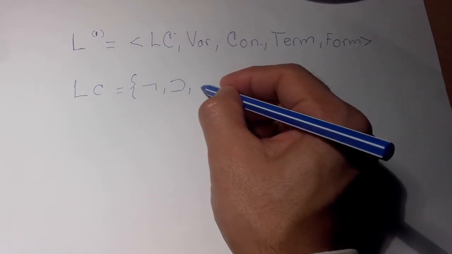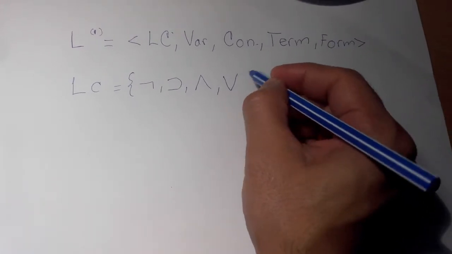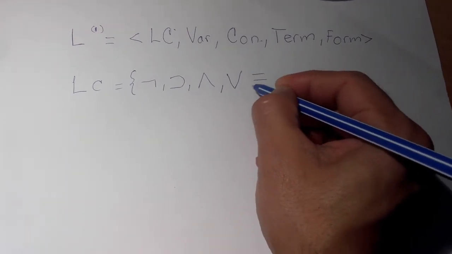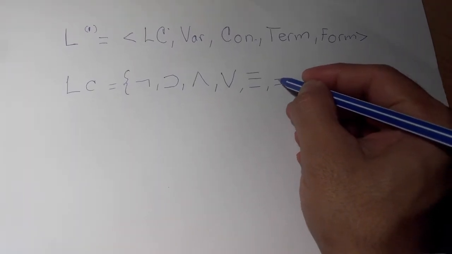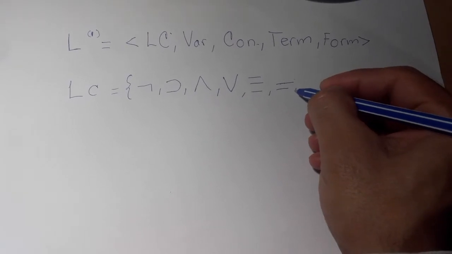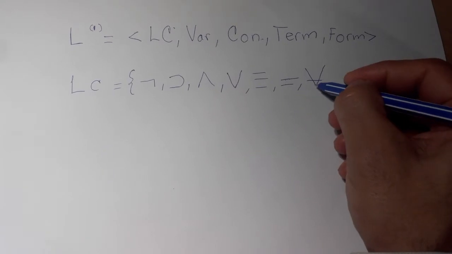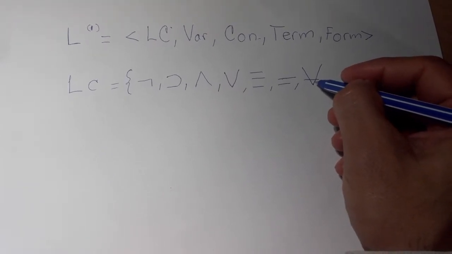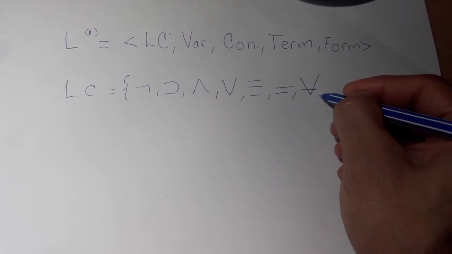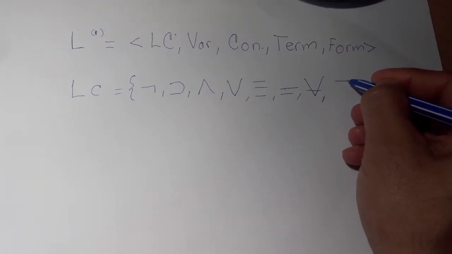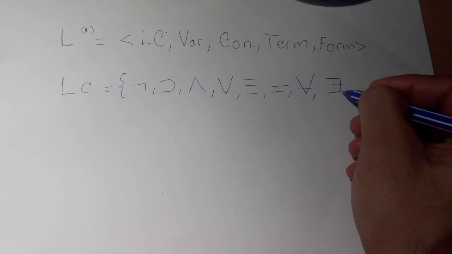Also, in this set we have the conjunction and the disjunction, the equivalence, and the operator equal or assign. As well, we have this, which is for all, or in other words, the universal. And also we have this, which is the existence or existential.